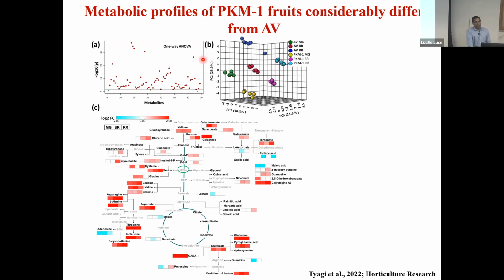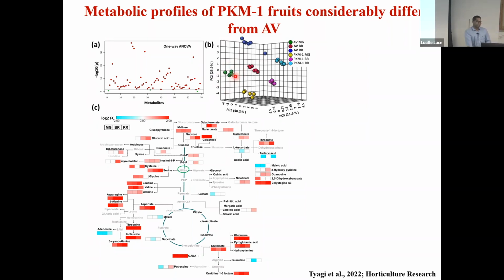Using GCMS we identified 69 metabolites, which include amino acids, sugars, organic acids, fatty acids, and sugar derivatives. As you can see in this figure, most of the metabolites were significant, and PCA analysis shows the clustering of different metabolites at different stages of ripening and PKM. So they form a separate cluster at each ripening stage.